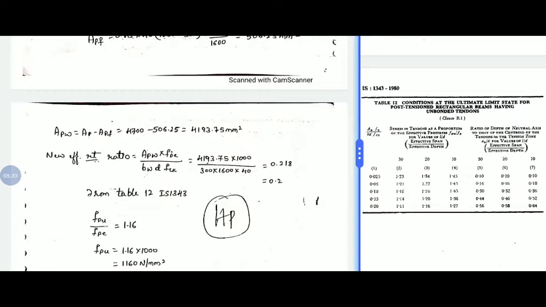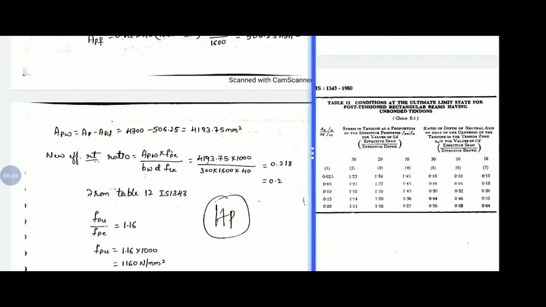Again from the same table number 12, we need to refer for 0.2. Since we have got 0.218 and from the table you can see 0.2 is the maximum value we have, we need to consider the same value only. So for FPU by FP, refer column number 3, it is 1.16, and for XU by D ratio from column number 6 we have 0.58.